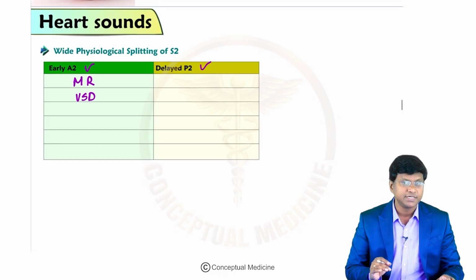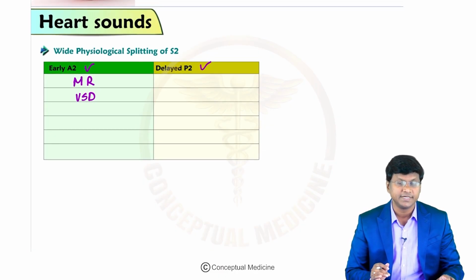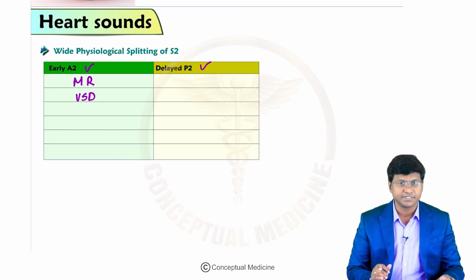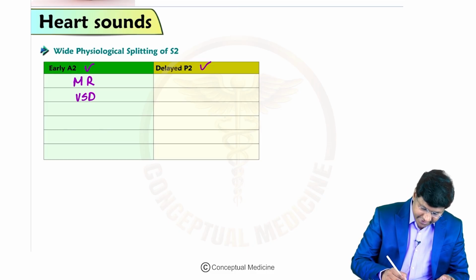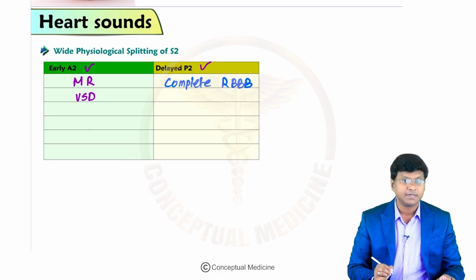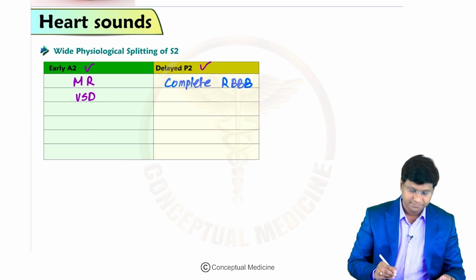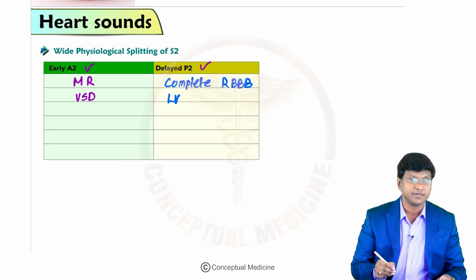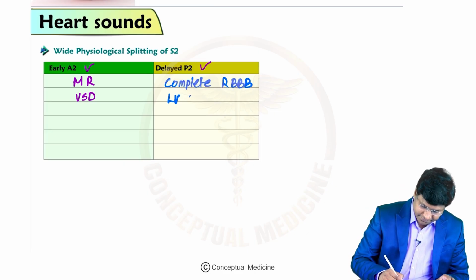Now you need to know the conditions where you have the presence of the delayed P2. First I will tell you the conditions and later I will explain the mechanism as well. Delayed P2, you will have that in patients with complete right bundle branch block, then in patients with left ventricular premature beat.